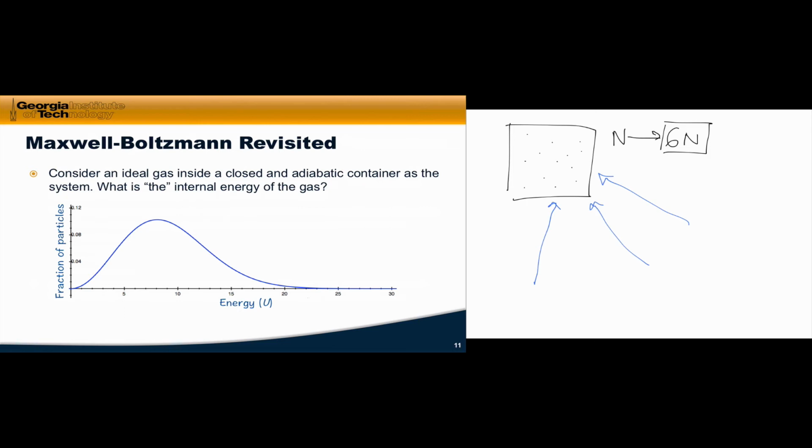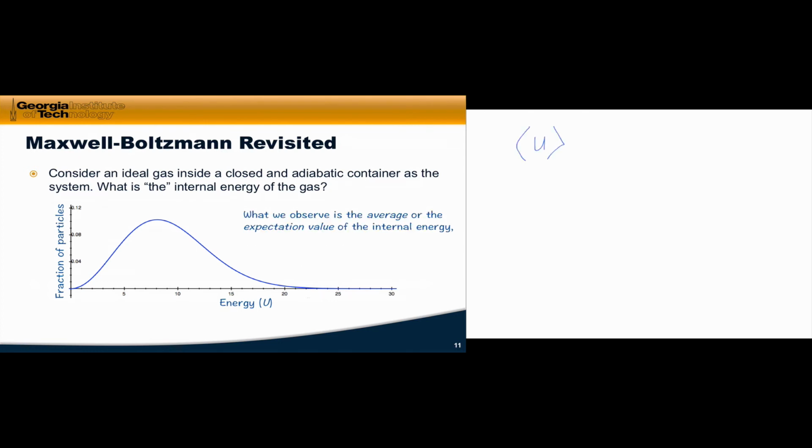Mathematically, what we do is we take each energy and we multiply the fraction of particles with that energy by the energy value itself. We do that for every energy from negative infinity to positive infinity. In this case, from 0 to positive infinity. And that gives us a weighted average of the internal energy.